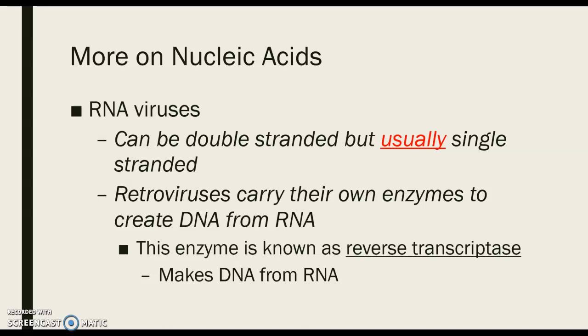So if you think, in our cells, the DNA has to be copied by RNA and taken out of the nucleus out to the cell parts in order to read the code to be able to make proteins. If you have an RNA virus, how do you copy the RNA? Well, the enzyme reverse transcriptase makes a DNA copy from that RNA. So it's kind of the opposite of what you would think happens in us.